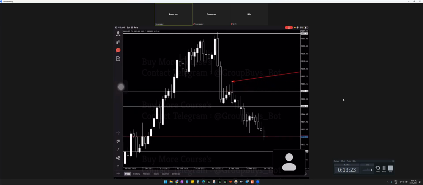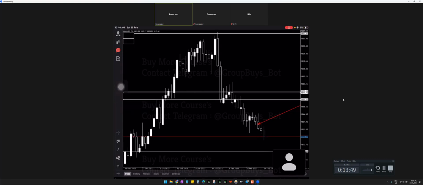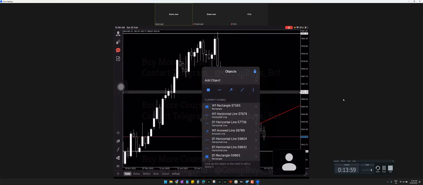Okay, and then if you see this daily breakout, that means the price will continue downtrend, right? And the same goes for this one. Breakout. And the same goes for this one.